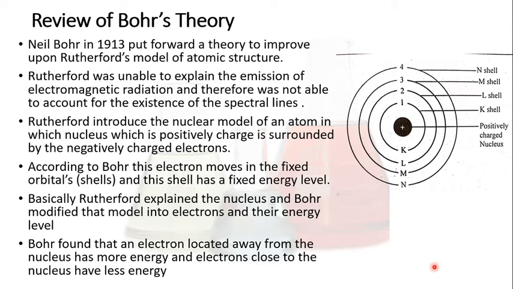So, to improve on Rutherford, Niels Bohr put forward his theory. What did Rutherford introduce? Rutherford introduced the nuclear model of the atom, in which the nucleus is positively charged and surrounded by negatively charged electrons.